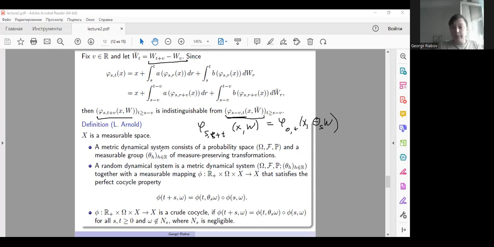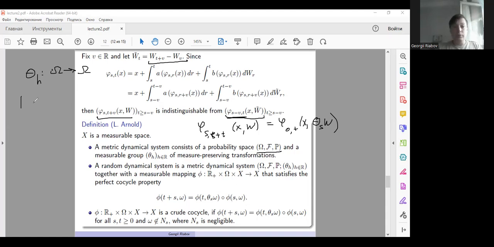A metric dynamical system is a probability space, and a group of mappings, so each mapping theta acts on the probability space. These mappings are measurable and preserve the probability measure.